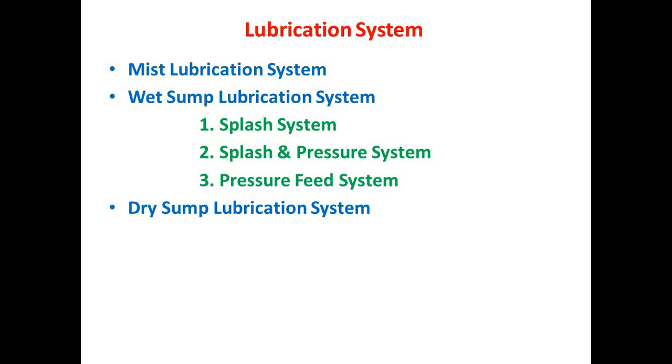In two-stroke engines, as the charge is compressed inside the crankcase, it is not possible to have lubricating oil in the sump. Hence, mist lubrication is adopted in such a practice. In such engines, lubricating oil is mixed with the fuel. The usual ratio which we keep for this is 3% to 6%.